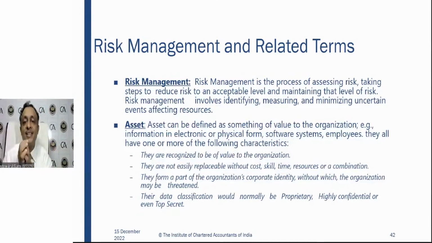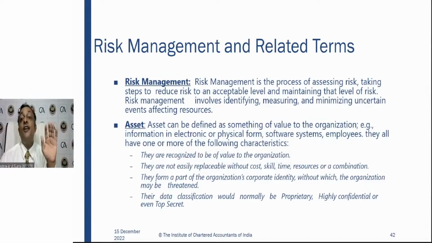Asset can be defined as something of value to an organization. For example, information in electronic or physical form, software systems, and employees are all assets. They all have one or more of the following characteristics. Asset as per accounting standard 10 is a different definition. Right now you are looking from the technology, information system perspective.